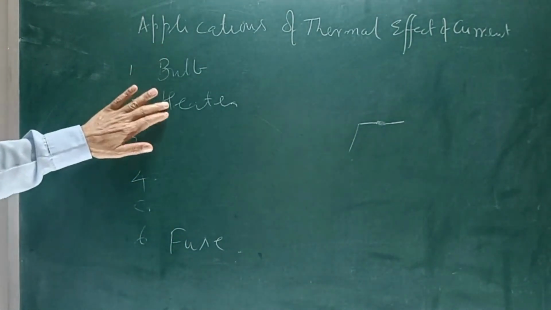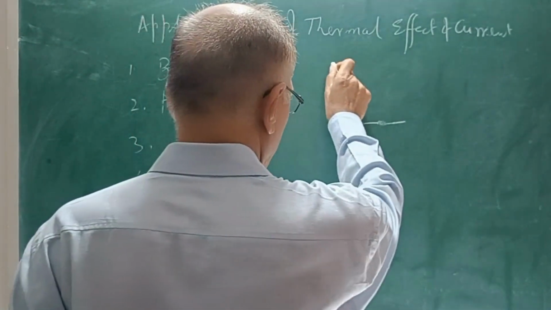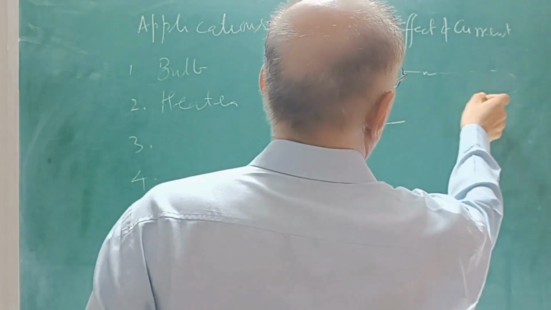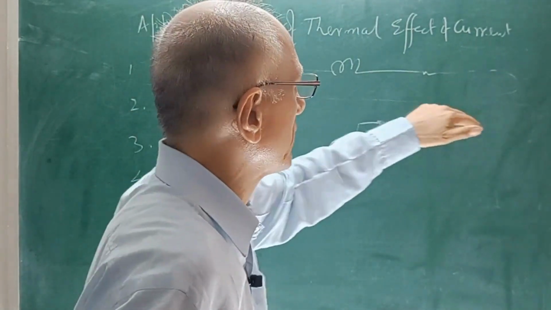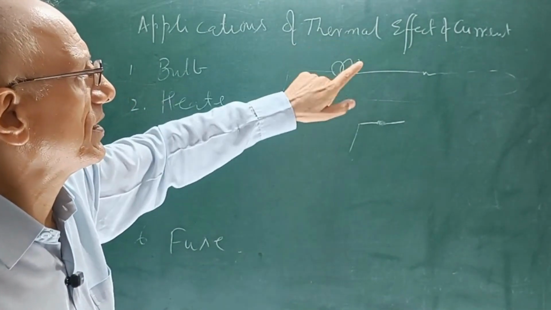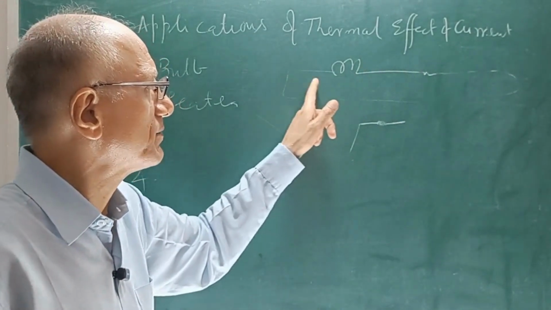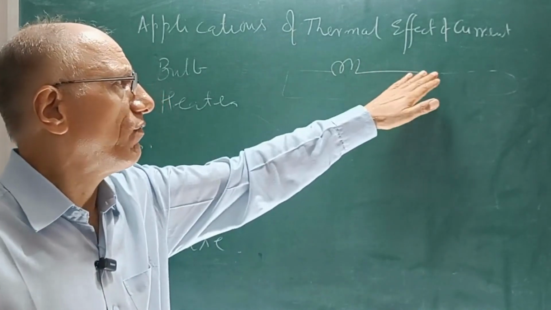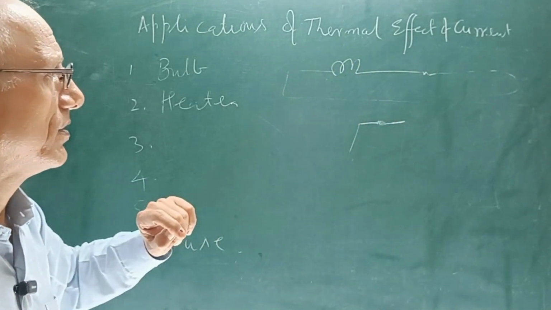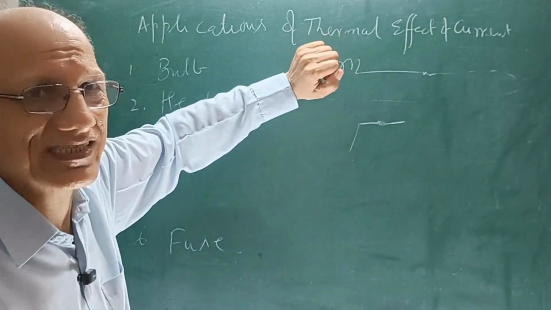Similarly, there is a bulb. This bulb is connected in series with the electric circuit in the house. Very high heat is generated over here, but the same current is passing through this wire and this. Why don't they get heated? It is because of its power rating, because of its resistance.